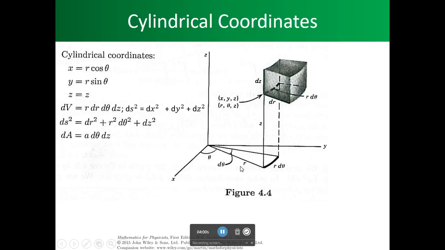As you can see, we look at this again. We had our theta, then we had our d theta here, a little change. We have our r, then we have our little change in r, dr. As it's lifted up, that's where it is.